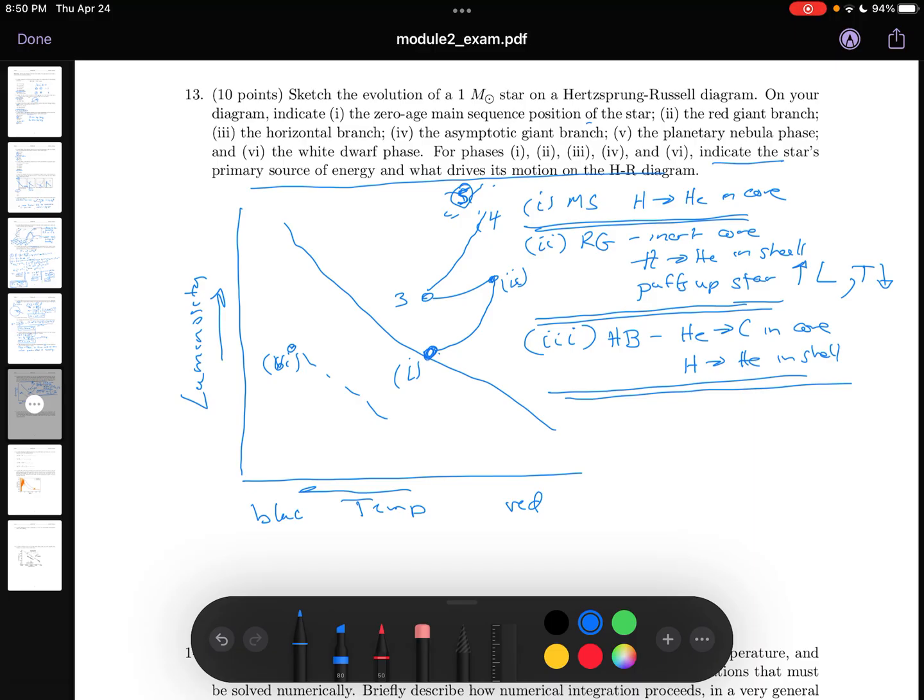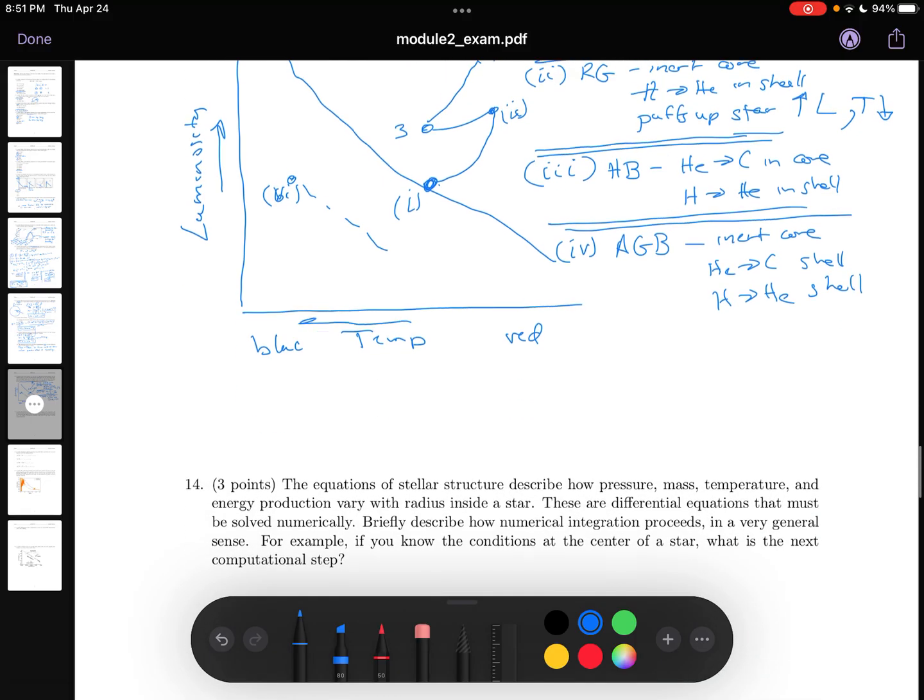And then we have phase 4, the AGB, asymptotic giant branch. And this is analogous to the red giant. So we have an inert core again. This time there'd be carbon in the core, and then we'd have a shell of helium going to carbon in a shell, and then hydrogen going to helium in even another shell outside of that.